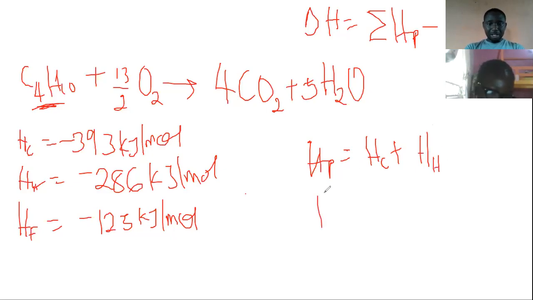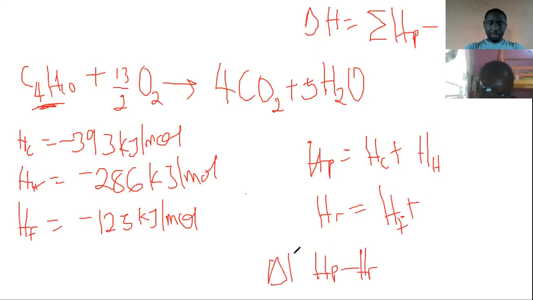When we talk about HR, it will be the sum of the heat of formation of whatever you were given, plus any other heat you were given, added together. Then you subtract them. Then the delta H becomes HP minus HR. Okay, do you understand what I mean now?